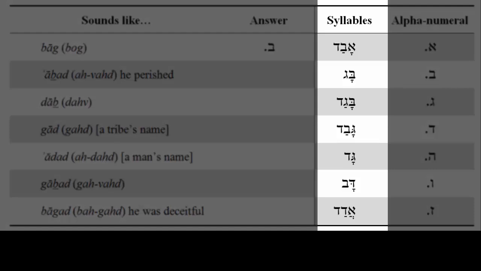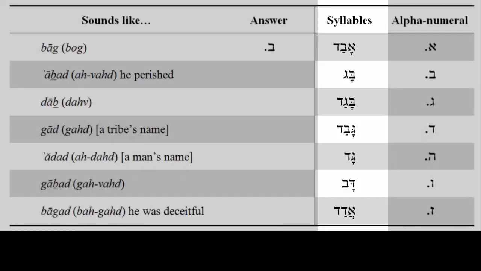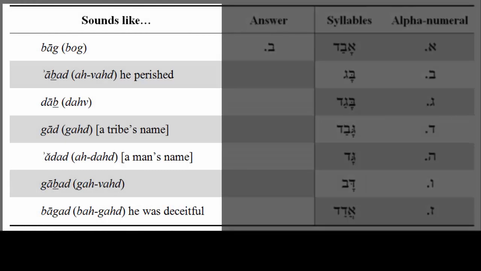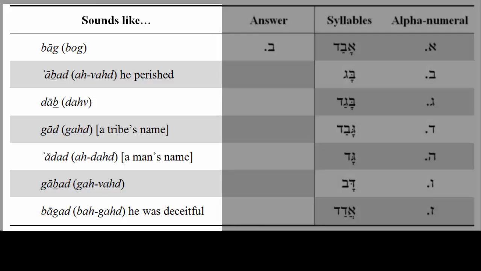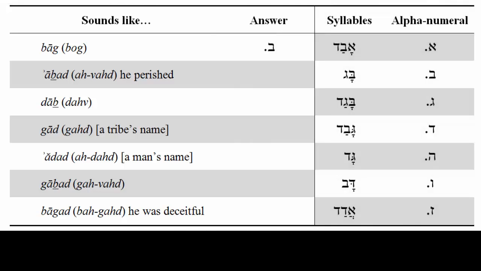In the column labeled syllables, you'll find a Hebrew syllable or word. Compare it to the list that's headed sounds like, and take the alpha numeral associated with the Hebrew syllable or word and write it in the answer column to the right of the sounds like word. So, for example, the second Hebrew word in the list, the one opposite the enumeration beit, is pronounced bag.